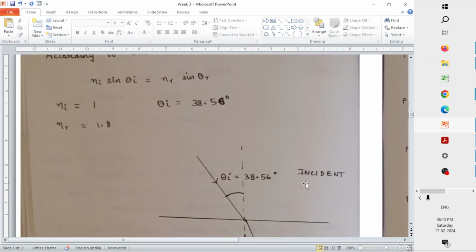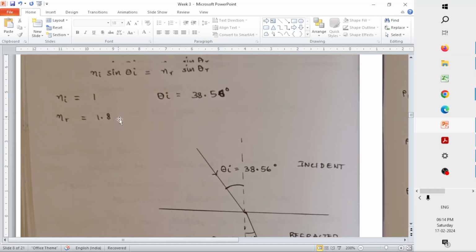So theta I is 38.56. Nr is the refractive index of the refracted medium, where your light is going to be refracted, and theta R is your refraction angle, that is this. So this is Snell's law.